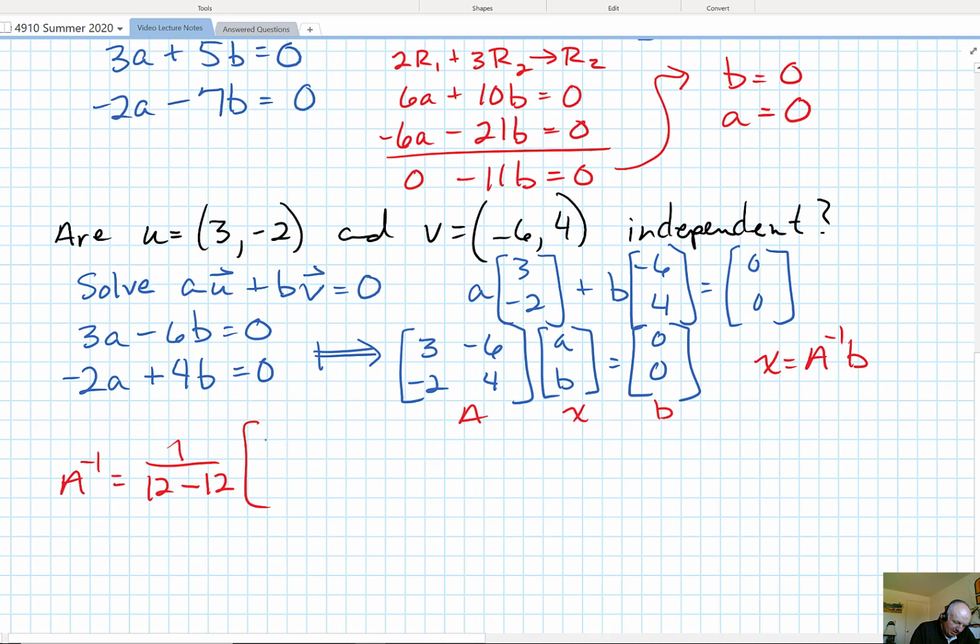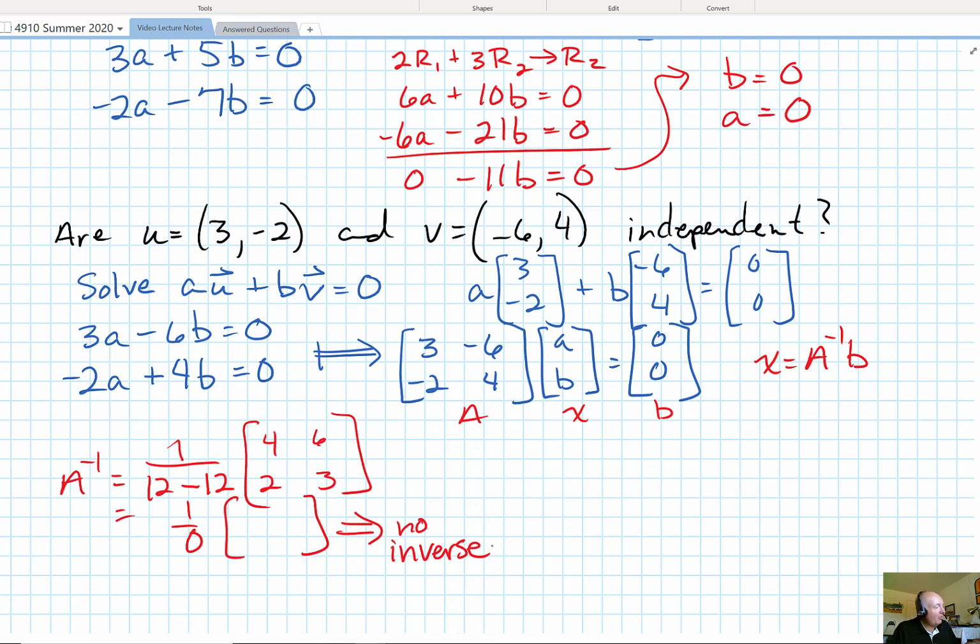I can almost stop there, but it looks like we're done. Why? Because that's 1 over 0, and who cares what this is? No inverse. And since there's no inverse, no non-zero solution, I should say. Well, let's be more careful: no single solution.